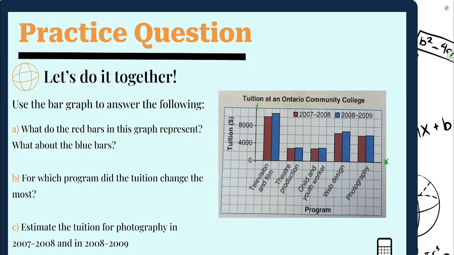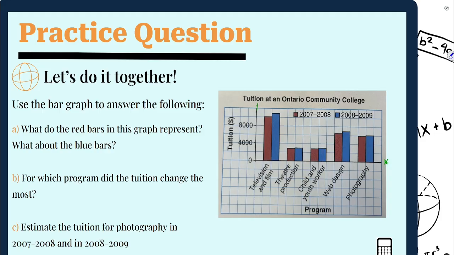Now the first question in our practice question says use the bar graph to answer the following. What do the red bars in this graph represent? So we have, like I said, the blue and the red bars running vertically. And at the top, you'll see kind of this legend or this answer key. A lot of times when you're making a map, you have a legend and it tells you what the symbols represent.